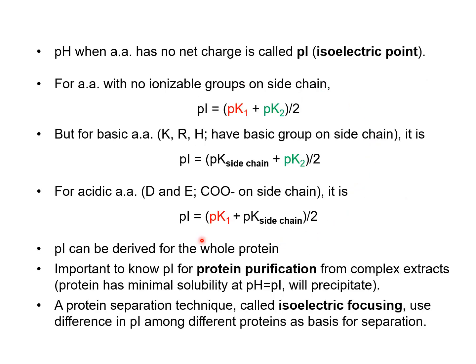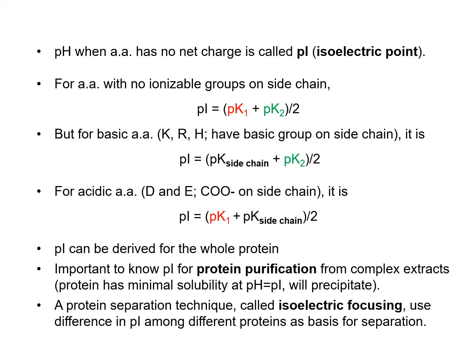And here are the expressions that you can use to get the pI, which is the isoelectric point. This pI is basically the average value of the two pK values, within this zwitterion. And for the basic amino acids such as lysine, arginine, and histidine that have a basic group, the pI can be calculated by keeping the pK2 here, which is the more basic one, but using the pK of the side chain, which is relatively more basic than the pK1 value, and getting the average of that.